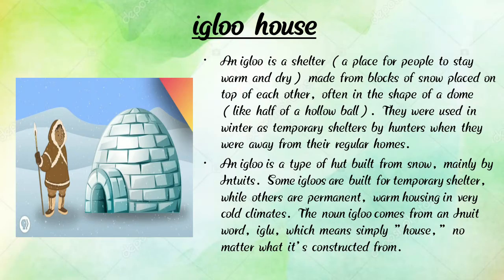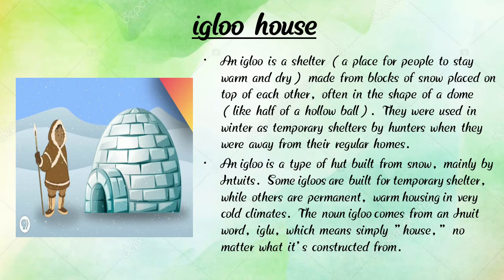Now we are going to learn about the igloo house. Here we can see a photograph of an igloo house. An igloo is also a shelter, a place for people to stay warm and dry. Do you know that this kind of house is built from blocks of ice?